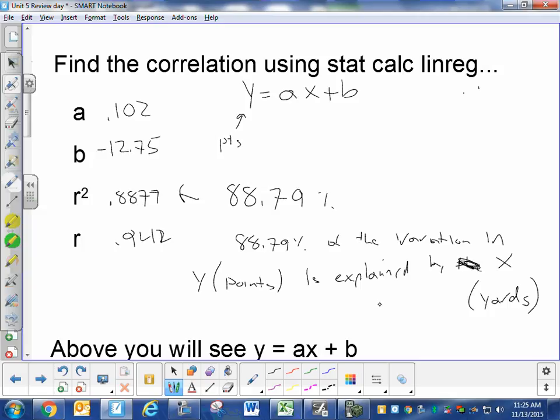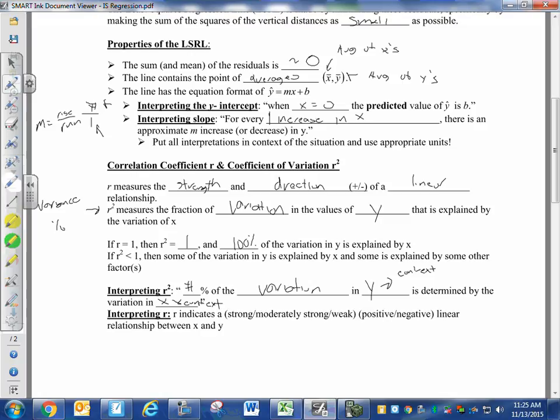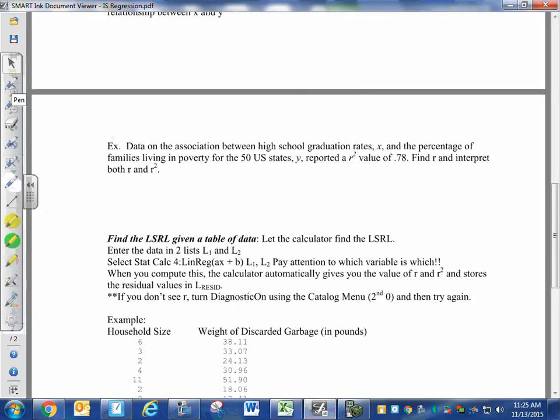I guess we should say variation in x. Okay? That is variation.